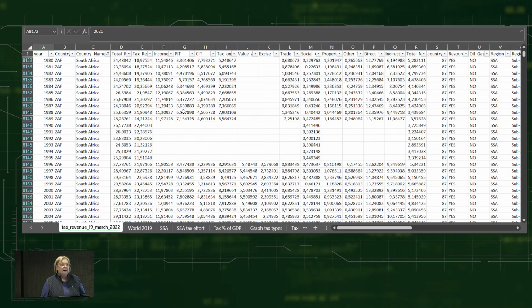And then I think you might be able to use the ATO data to do that. I think you would be able to replicate the data that you need for your tax effort calculations in the ATO database. I just want to show you how this is made up.